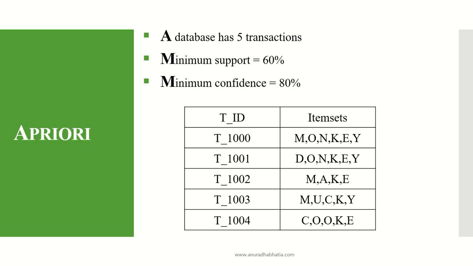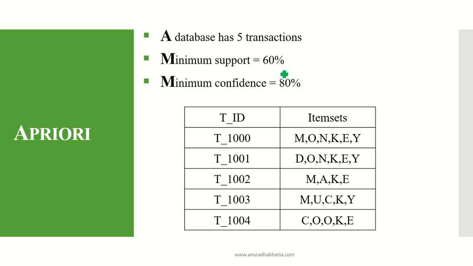Let's start with an example. This particular table has 5 transactions with a minimum support of 60% and a minimum confidence of 80%. Support and confidence in the end will help us know how frequently the item set occurs in this particular data set.